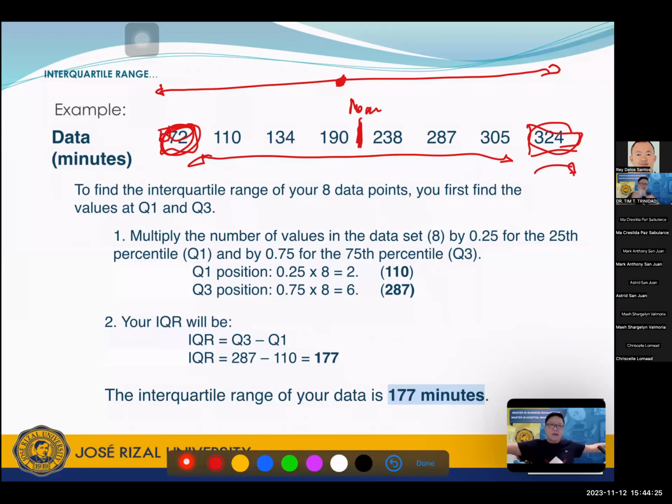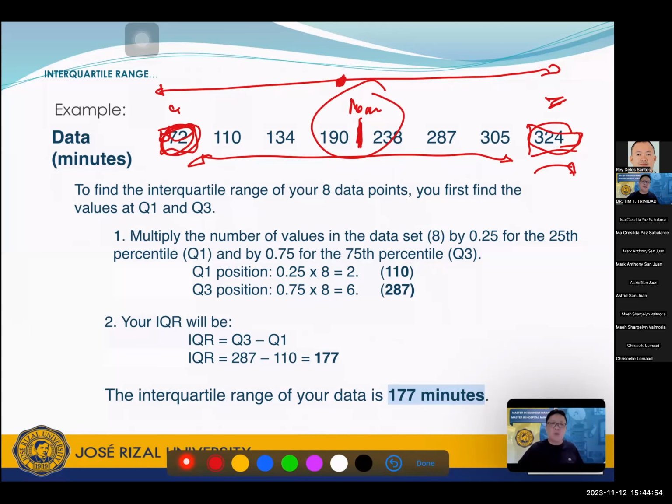We just focus on the middle. But in a range, we are concerned about this spread, so we take a look at both ends, from the highest to the lowest. That's why they give you a different picture also.